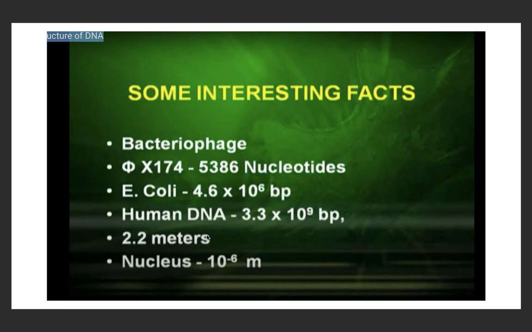And that 2.2 meter long thread is present in such a small nucleus in each cell of our body, which is about 10 to the power minus 6 meter. This is very interesting: how does such a long molecule get arranged or associated inside a cell?